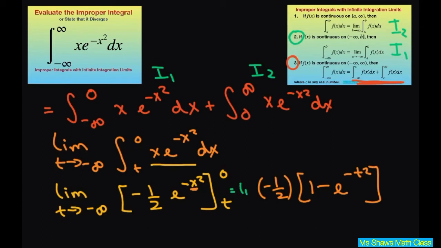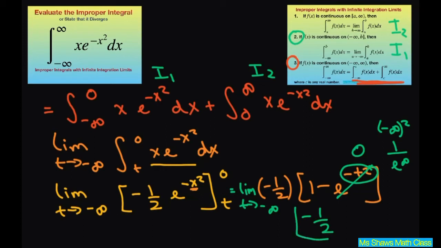So when you're plugging in negative infinity, this is going to go to 0 because negative infinity squared is going to be positive infinity. So basically you're going to have 1 divided by e to the infinity, so that goes to 0. So this is 0, and you're going to get negative 1/2 is your limit for that.